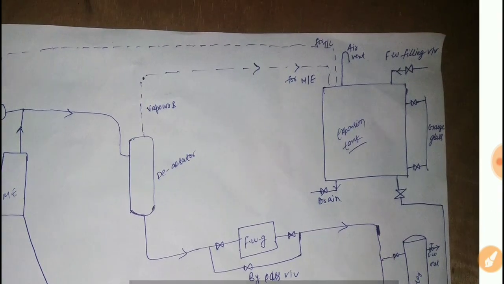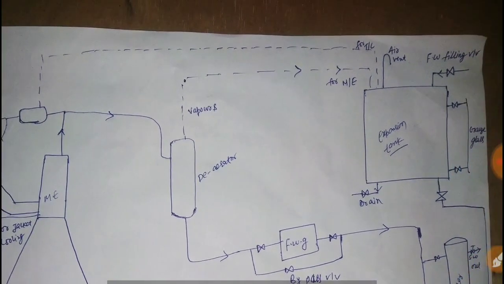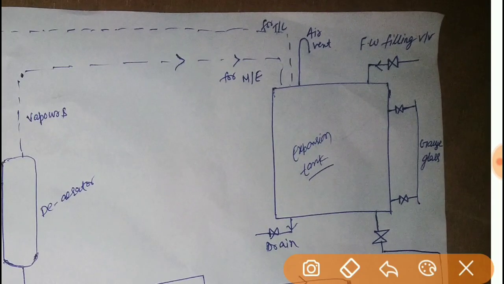And two more lines: the outlet from the main engine and turbocharger goes by one line to the expansion tank for removing vapor. You can see here these are the mountings fitted: fresh water, drain, gauge glass, air vent, and three more pipelines.